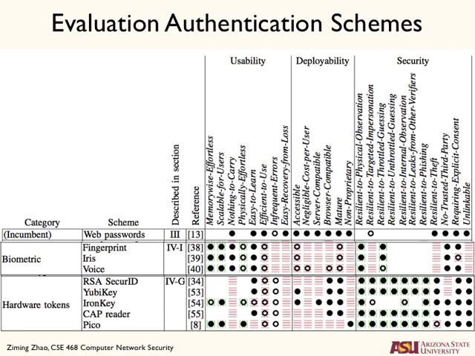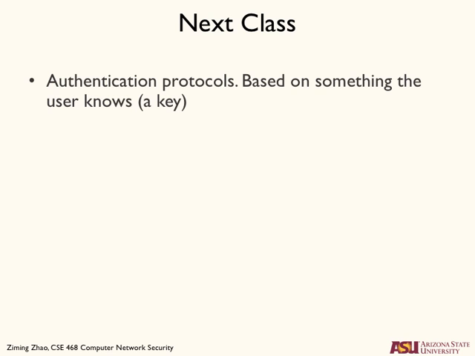So in this class, we talked about the basic categories of authentication. In the next class, we're going to talk about authentication protocols. Usually authentication protocols are based on something the user knows. There is a secret shared between a user and the verifier, but that secret is not a password.